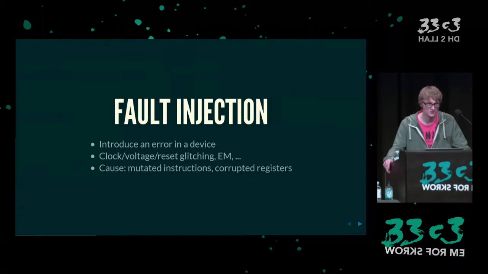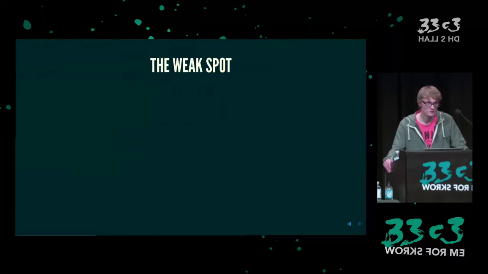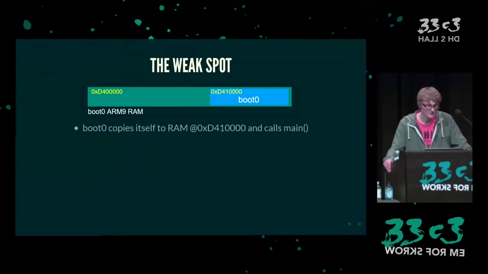So we want to glitch boot 0, and to do this, we have to find a nice target, like the weak spot of boot 0. So let's take a look at what boot 0 does. The first thing it does is copy itself to RAM for some unknown reason.